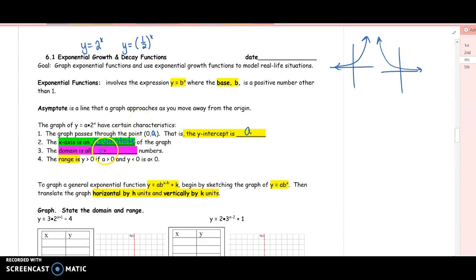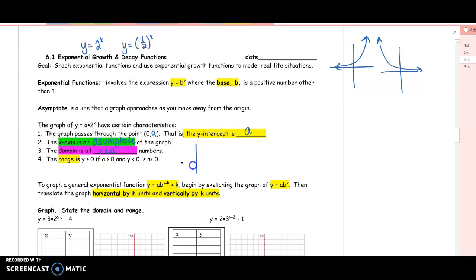The domain is all real numbers. Sorry, that's so dark on your notes packet. And the range is y is greater than 0 if your a value is greater than 0, or y is less than 0 if your a value is less than 0.